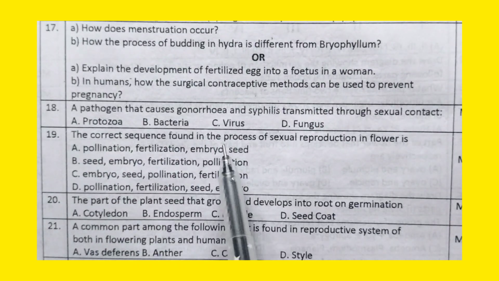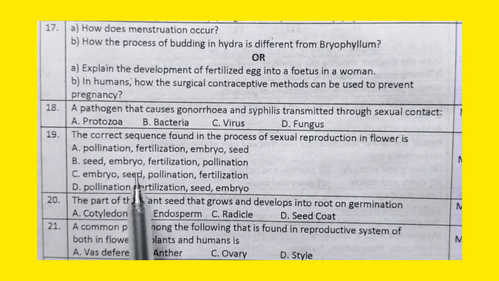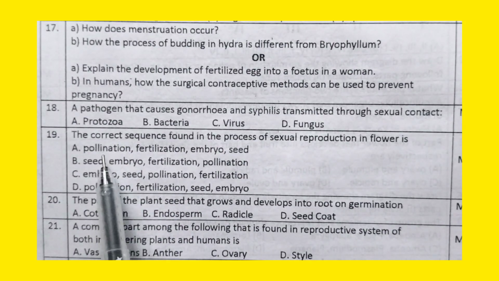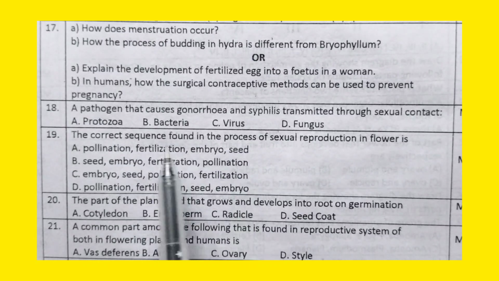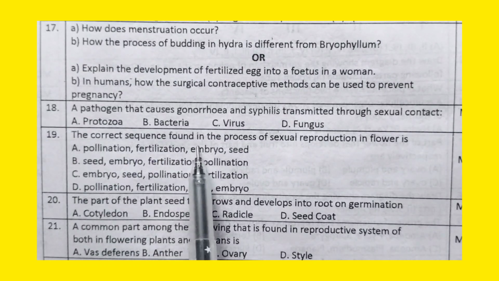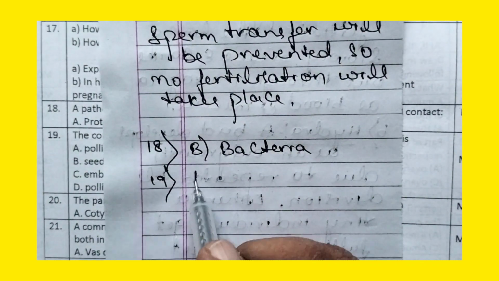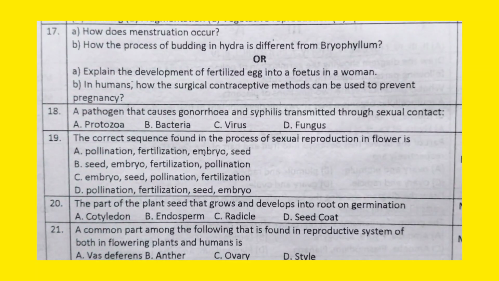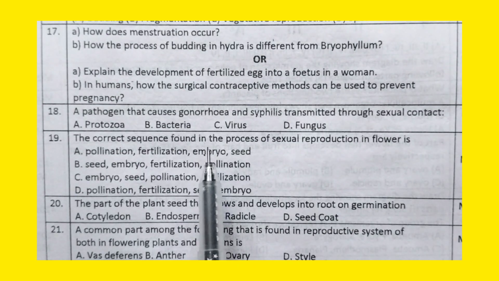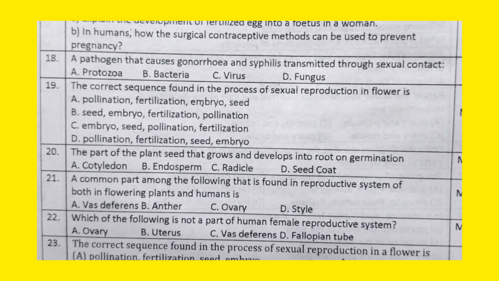That is, the correct sequence found in the process of sexual reproduction in a flower. So what must happen in sexual reproduction? First pollination happens, next fertilization, next embryo formation, then it will become a seed. So the right sequence for this question is option A. That is, first is pollination, after pollination fertilization, during fertilization an embryo is formed, and that embryo becomes a seed. So the embryo will be stored in the seed. So this is how it occurs.